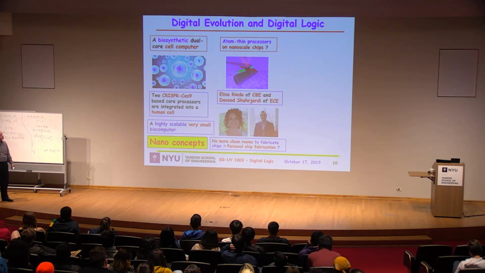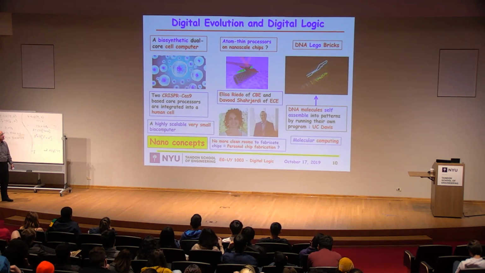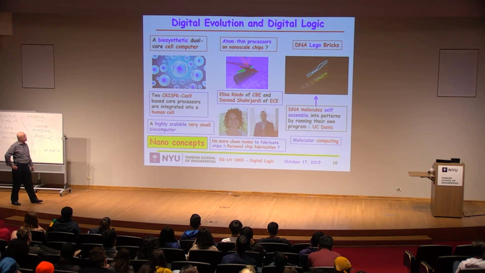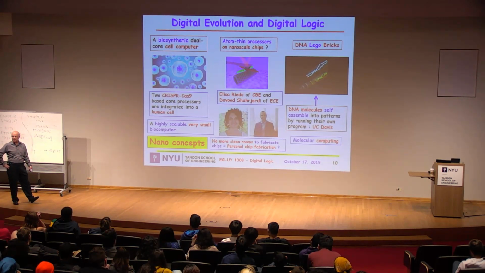And this is from your school, scientists here at Tandon working on atom-thin processors on nanoscale chips, and more, for example, this one, DNA molecules self-assembling to do computations from UC Davis, molecular computing. So everybody, these are all enabled by digital devices that have digital logic.